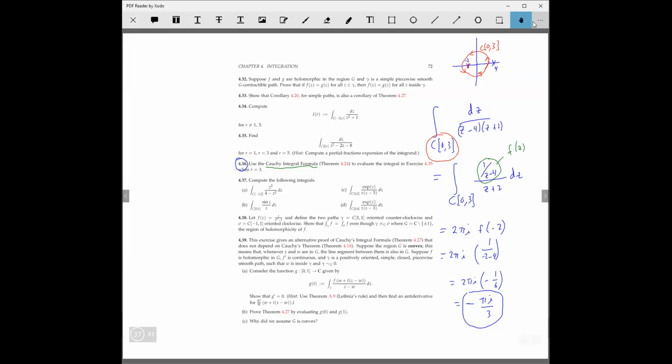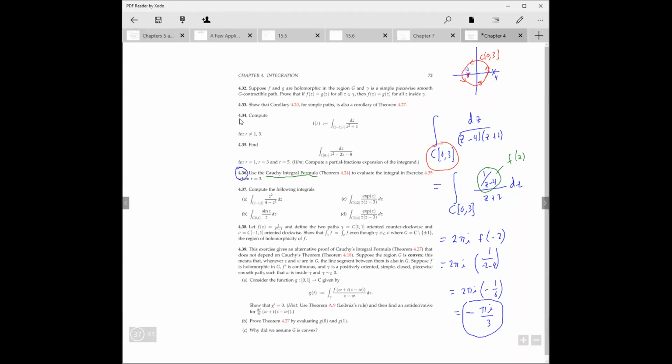Okay, was there any other questions on any previous homeworks or anything? Number 26. Also on chapter 4? Yes.